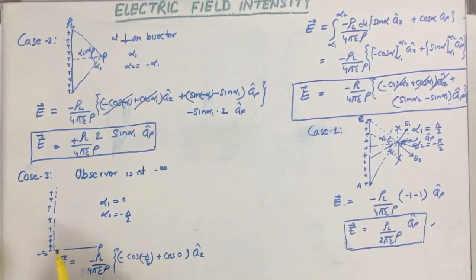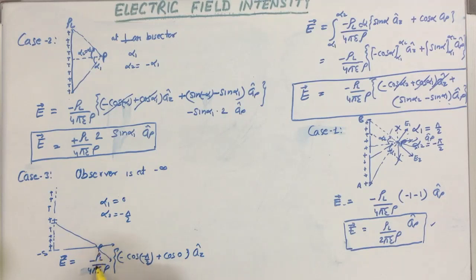Consider it, there are no charges in this direction. This is the end at minus infinity, you are present there. So there is no component in this direction. So the vertical component will be, suppose any point here, the field will have two components, one horizontal, one vertical.